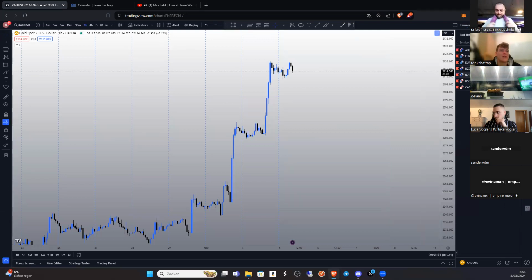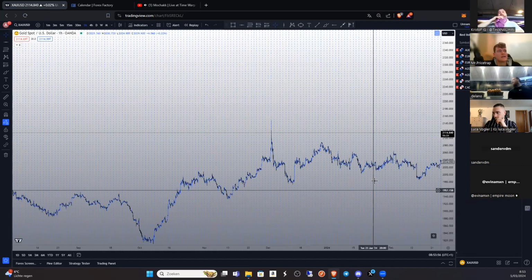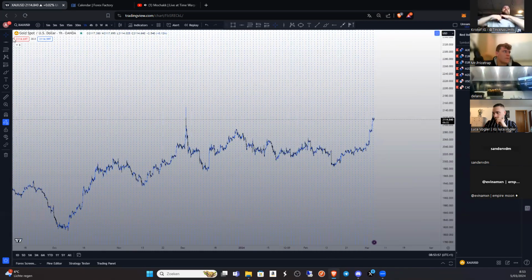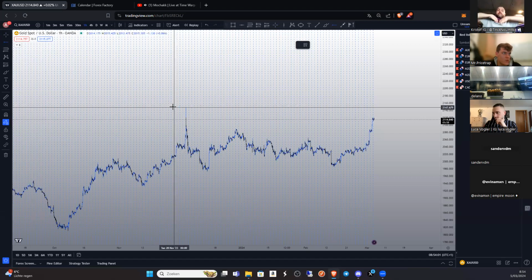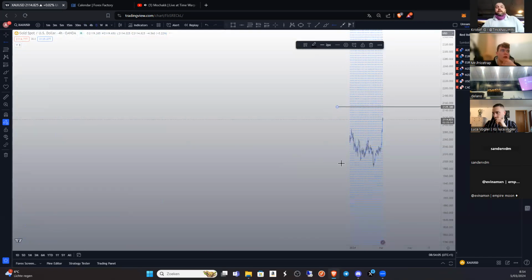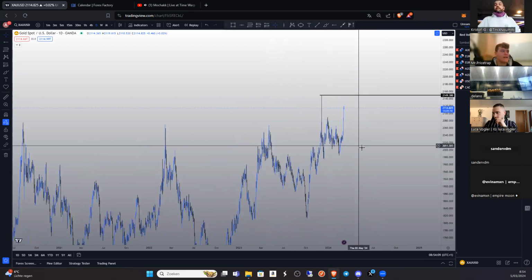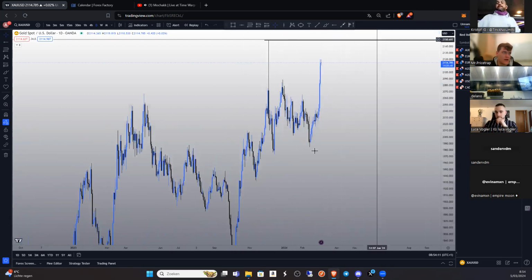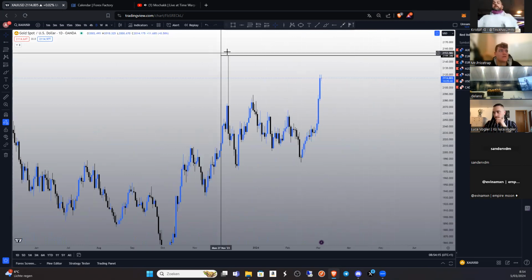Yeah, gold is going crazy. And this is what we've talked about. I'm not sure if I said it on the session, but I was having a discussion with Sander about gold, and we were talking about that all-time high wick probably getting taken out. So this is where gold is headed right now, to this massive wick.